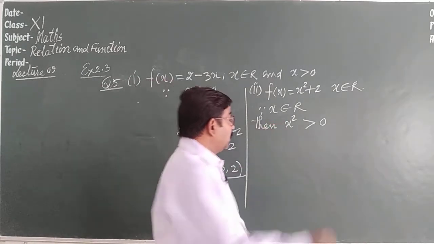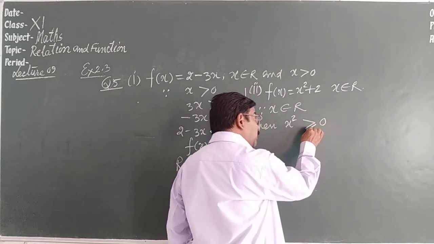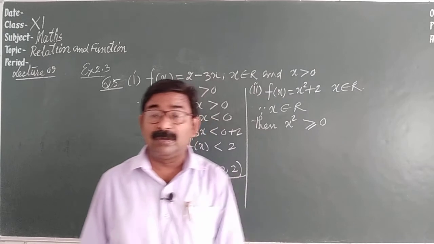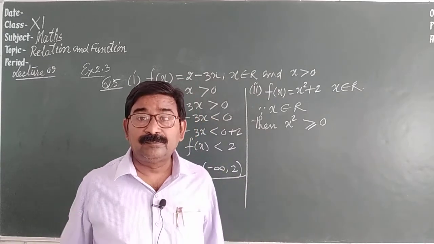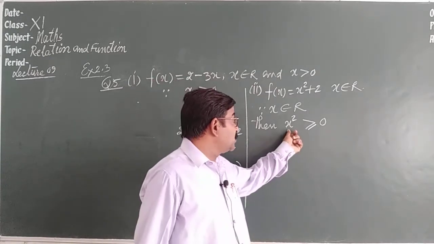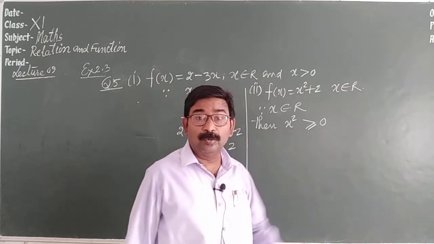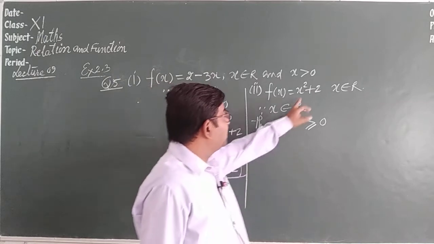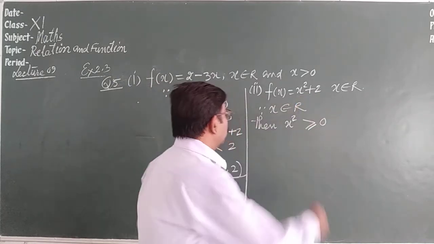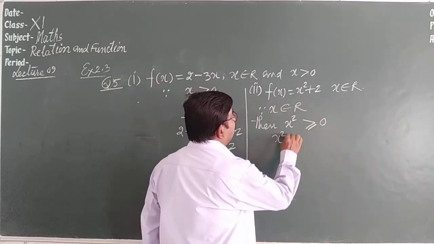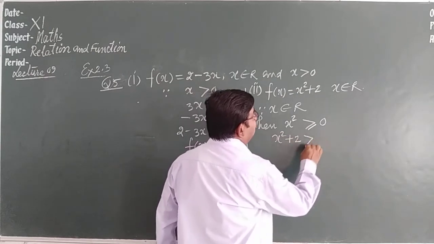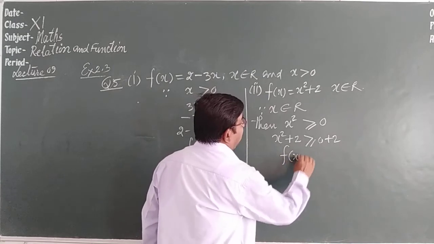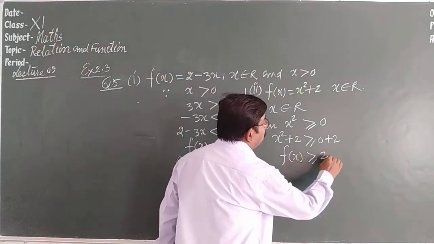It is real and more than or equal to 0. It may be 0 also. 0 is a real number, found on the real line. So x square is more than or equal to 0. Got it? Now I am going to create this function. Plus 2, x square plus 2 is added. So here we have 0 plus 2. f(x) is greater than or equal to 2.